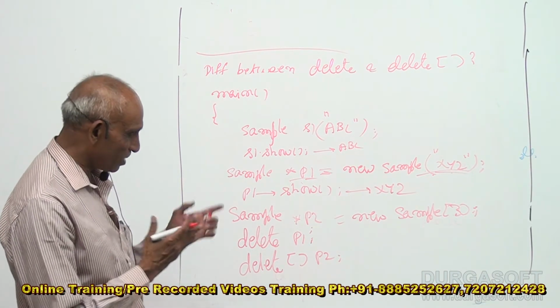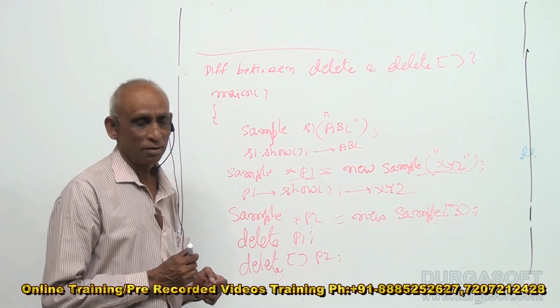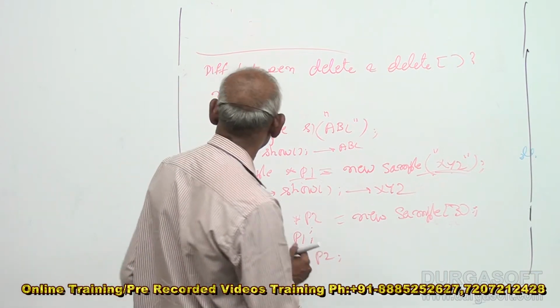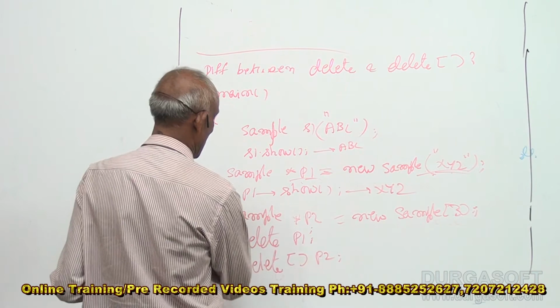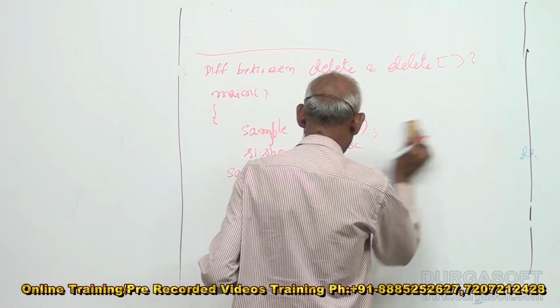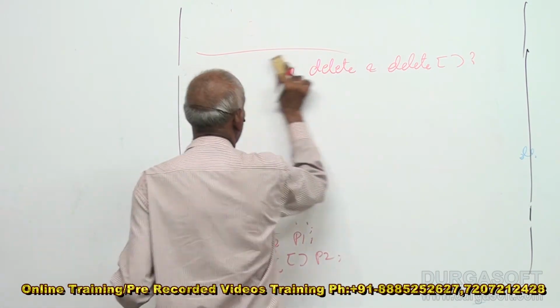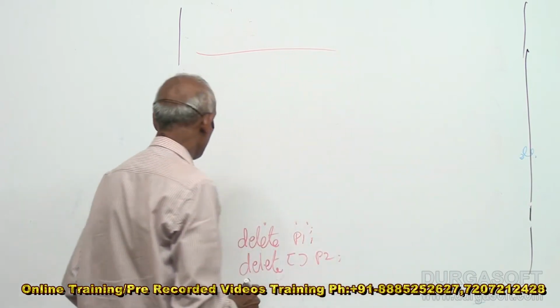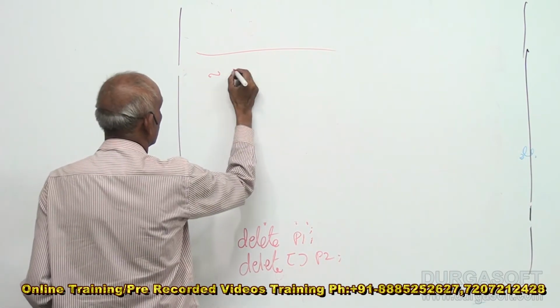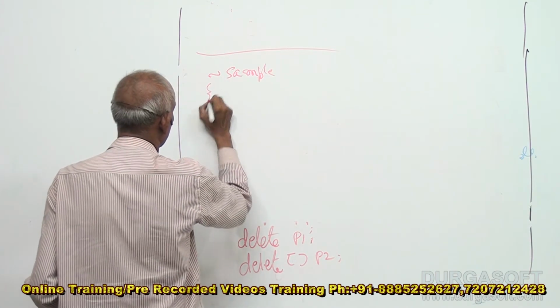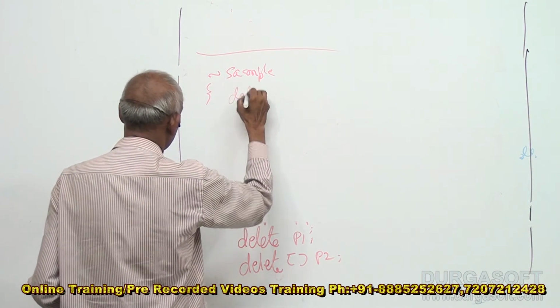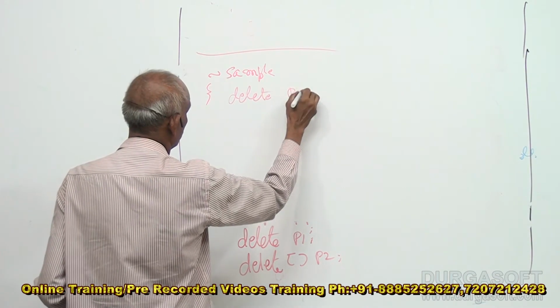Now, if you want to see this in action, then what we can do is, in the sample class destructor, we are doing delete p.